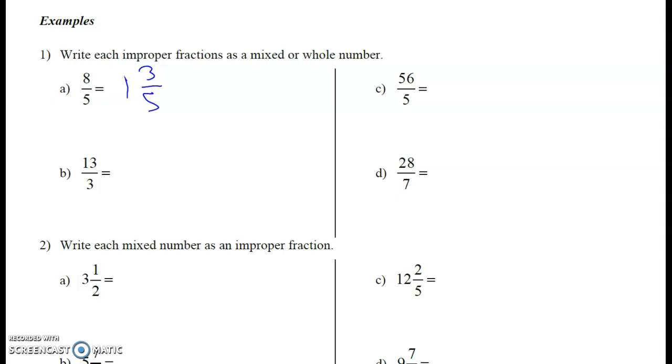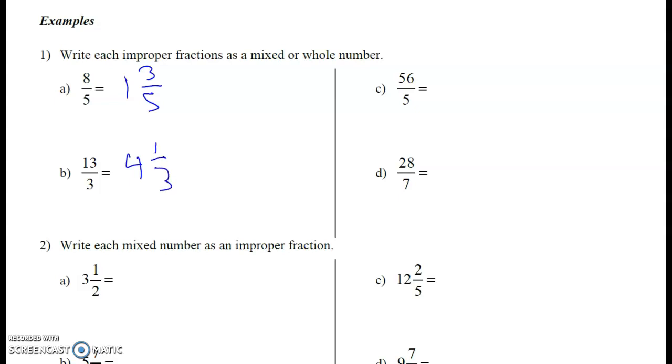13/3. Let's look at that. How many times does 3 go into 13? Well, it goes in 4 and a bit times. So this is worth 4 wholes, because if a whole is split into 3 parts and we've got 13 of them, there's going to be 4 wholes, plus another remaining third.